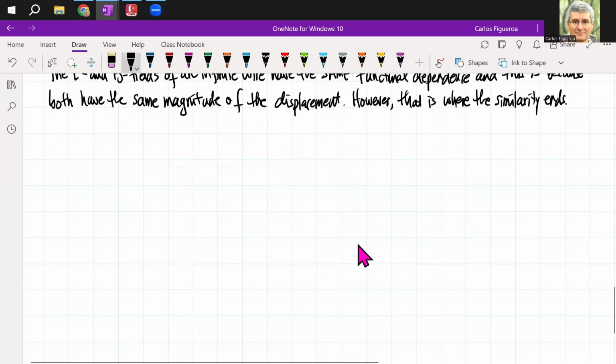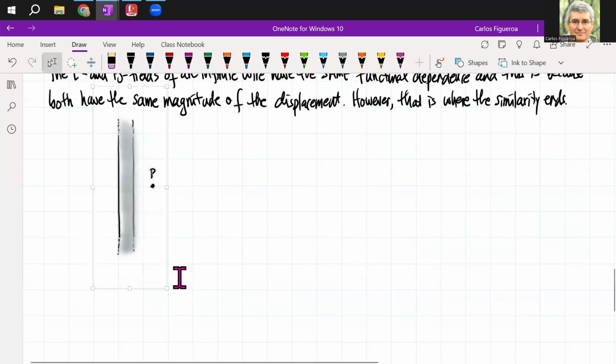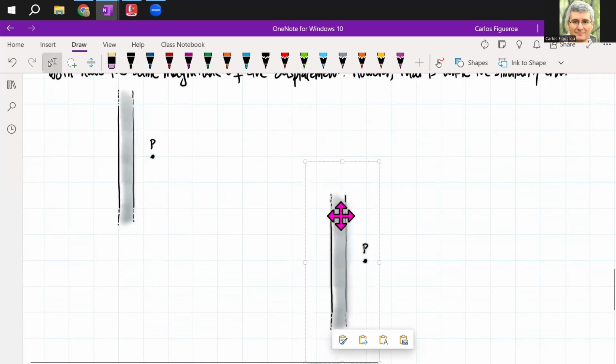So I imagine that I have a wire that's infinitely long. And so let's say that I color this guy gray. I have the exact same wire, and I'm going to have the exact same point P right here. Now, because I need to do this for the other one, there is a separation between these guys.